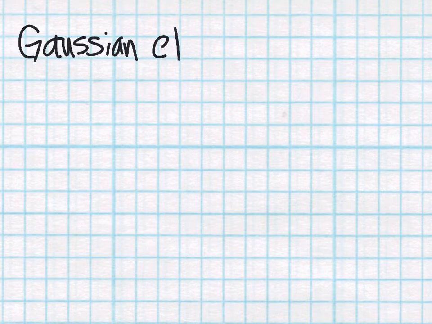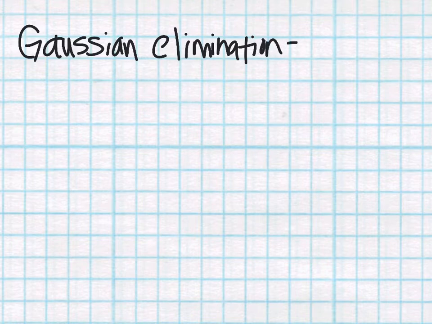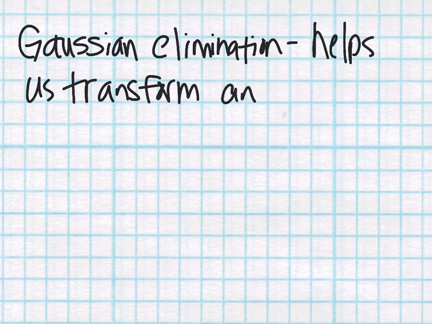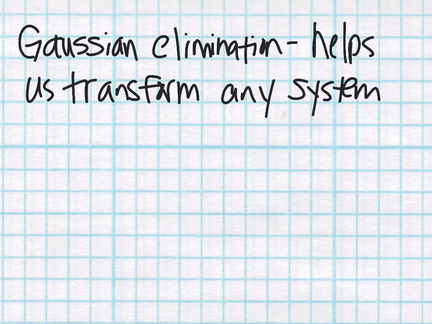So Gaussian elimination helps us transform any system into triangular form.